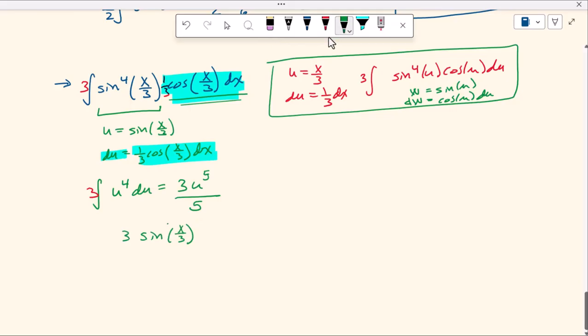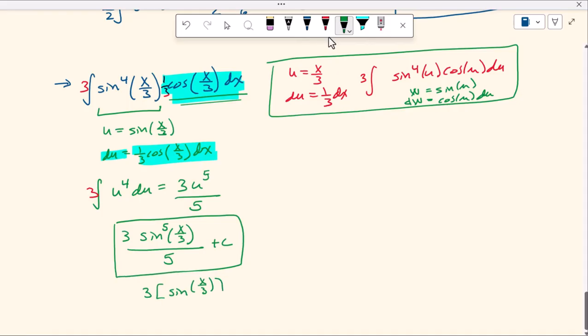One way we could write that is 3 sine to the 5th all over 5 plus c. So this is a correct answer. And another way we could write that is 3 and then put the sine of x over 3 in brackets and then raise the entire thing to the 5th power plus c. So either one of these is correct. You can't write it though like this.